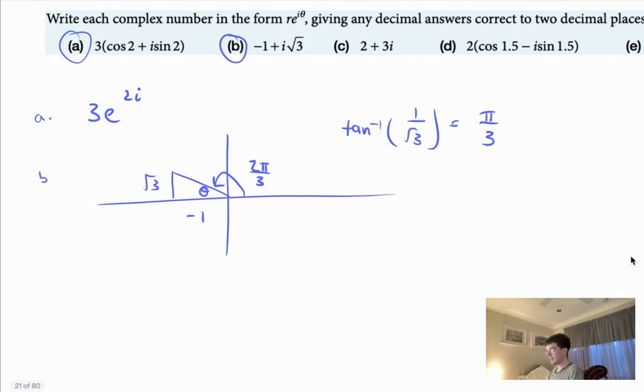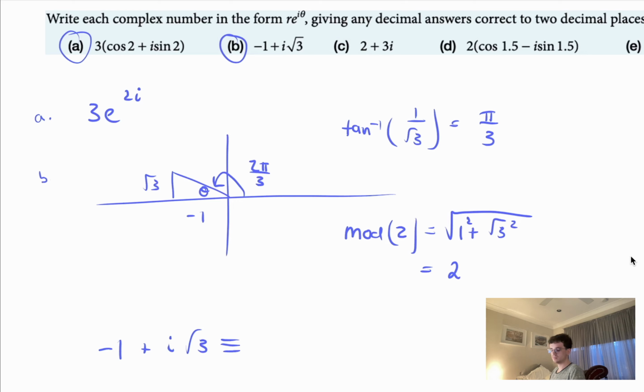So we've figured out the argument is 2 pi on 3, and the modulus, mod z, is equal to the square root of 1 squared plus root 3 squared, which we know is 2. So this complex number from part B, negative 1 plus i root 3, is the same as 2e to the i 2 pi on 3.